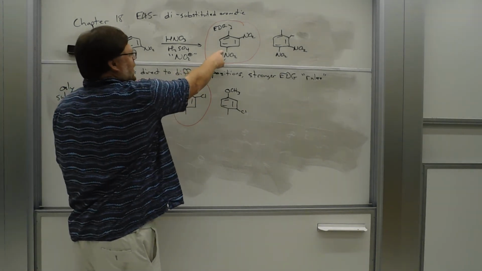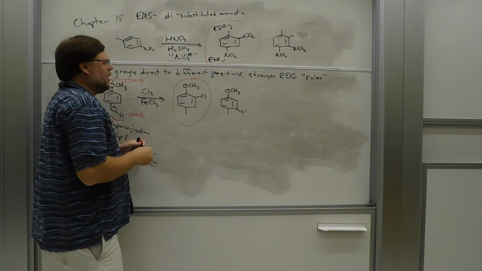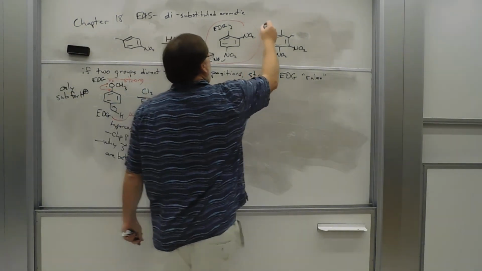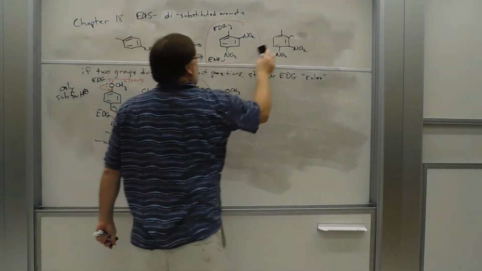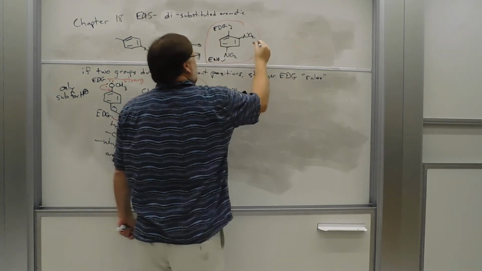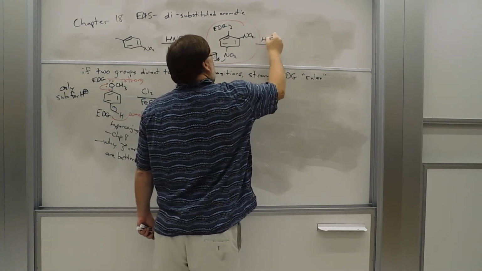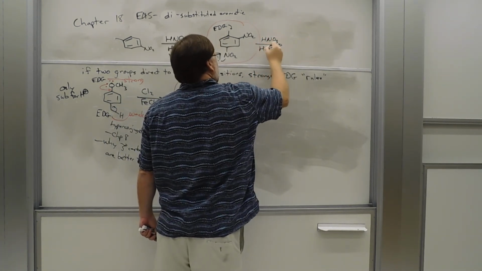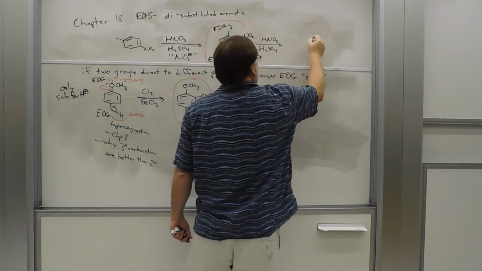One last thing to follow up. Here we've made dinitrotoluene. If we nitrate this again, we get this molecule.